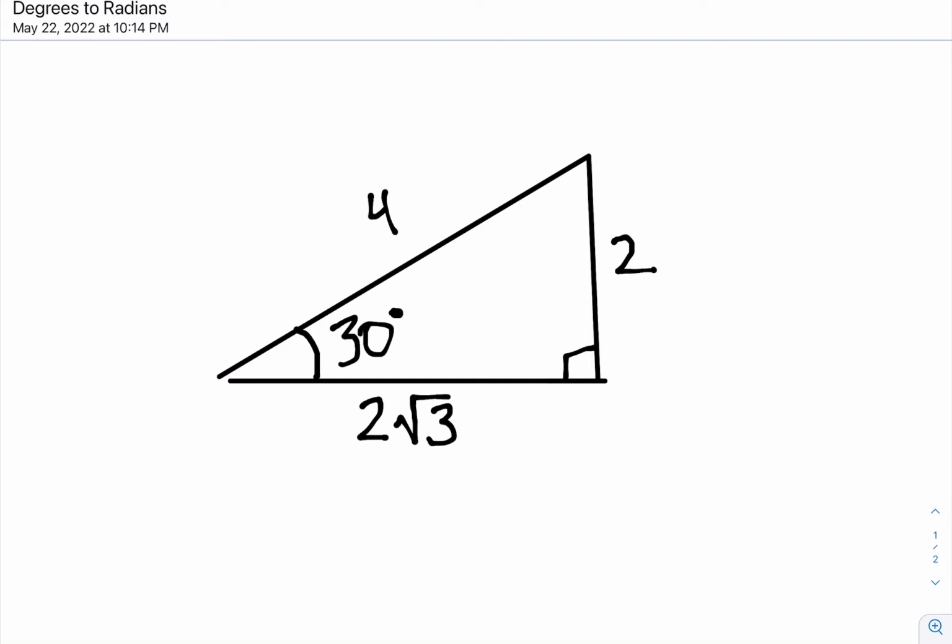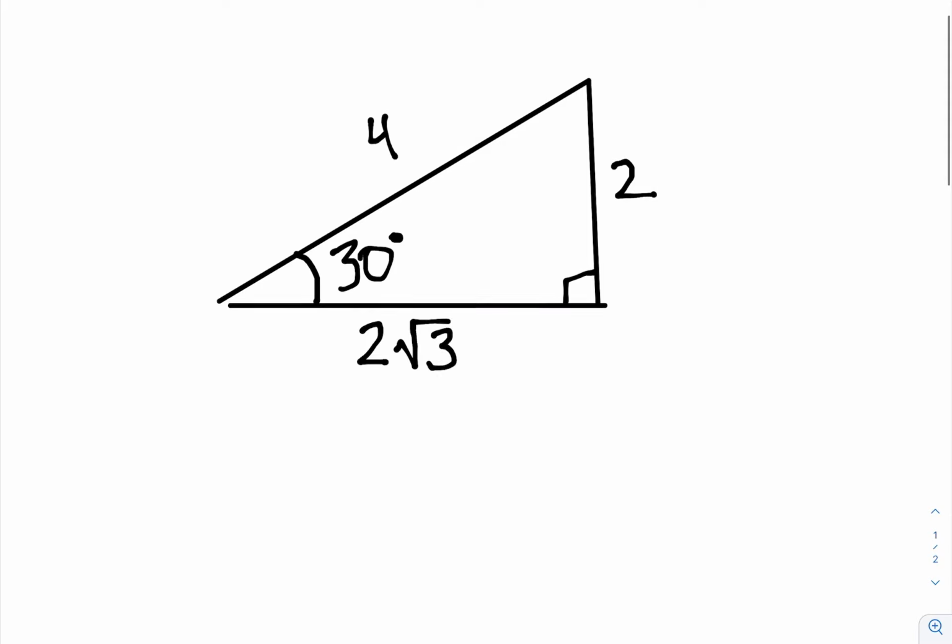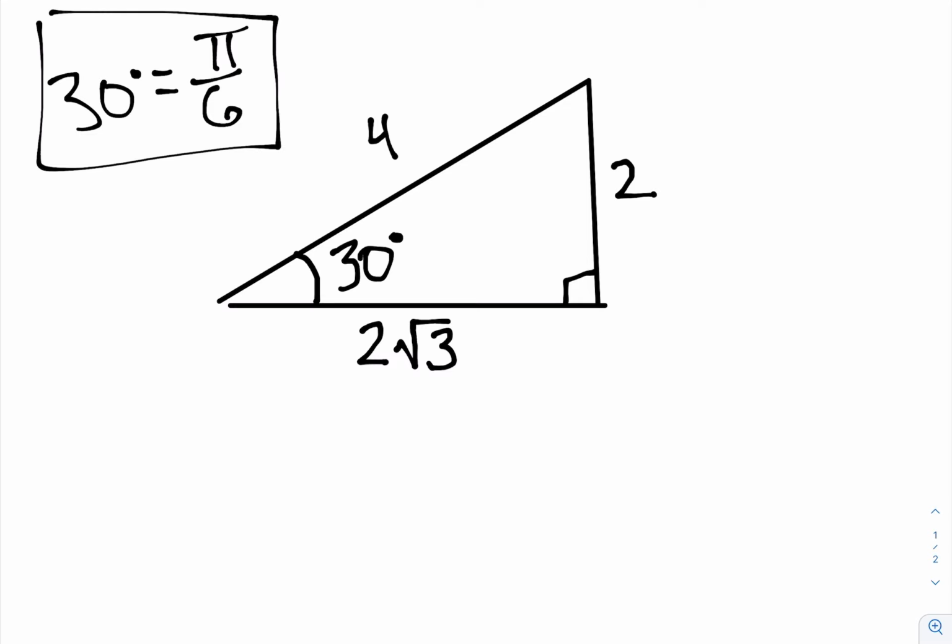So this triangle is like our 30, 60, 90 triangle magnified by a factor of 2. So 30 degrees is really the same as pi over 6 radians. By the end of this video, I hope that you understand what this means.